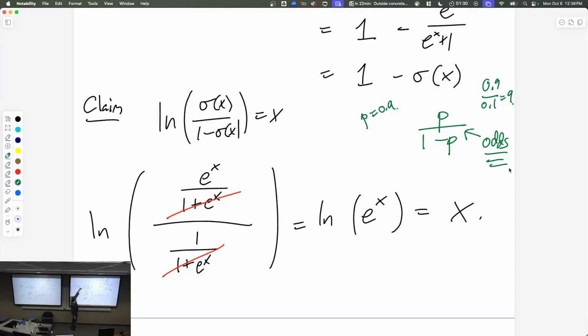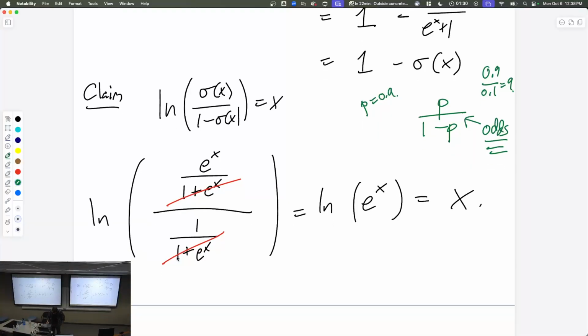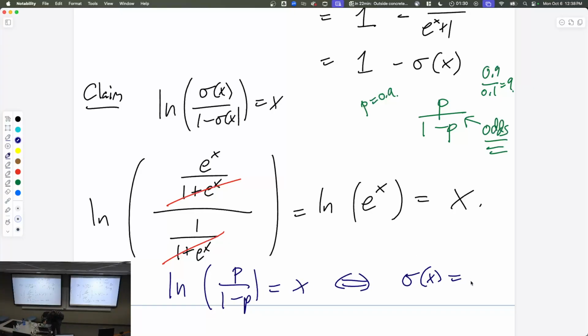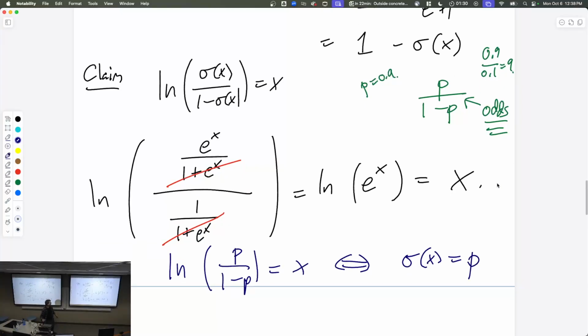And what this little formula is saying is that the sigmoid function is the log odds. So the log of the odds, let's say the log of p over 1 minus p equals x, if and only if sigma of x equals p. So if the odds are 9 to 1, then the value of x should be the log of 9.